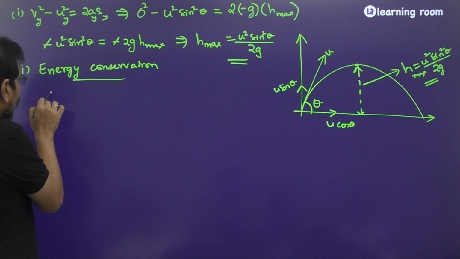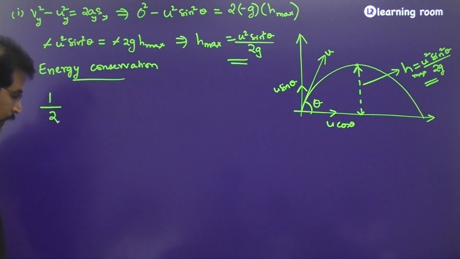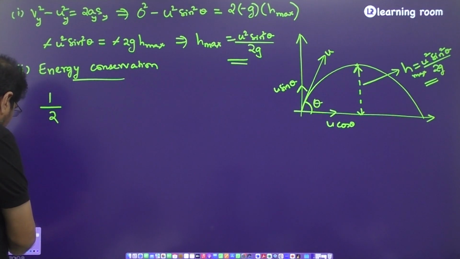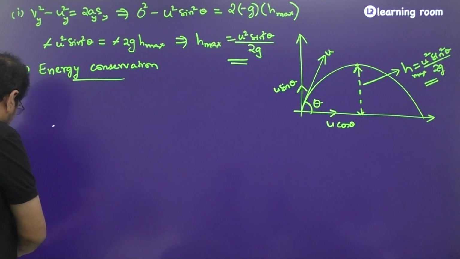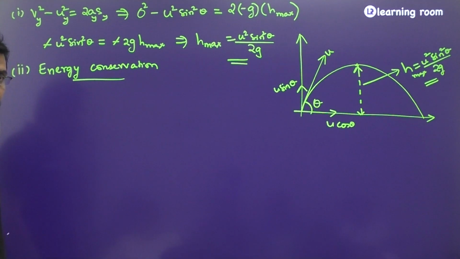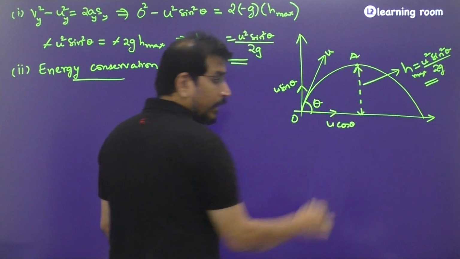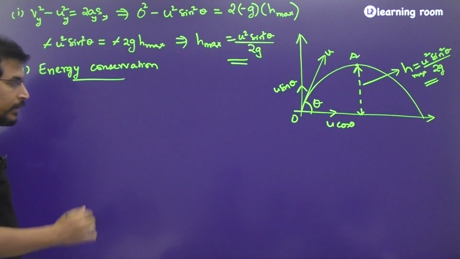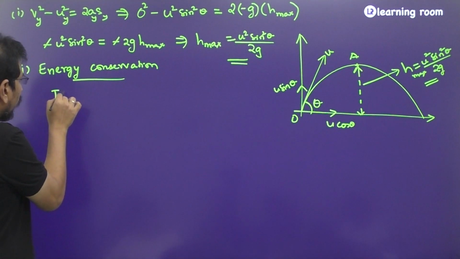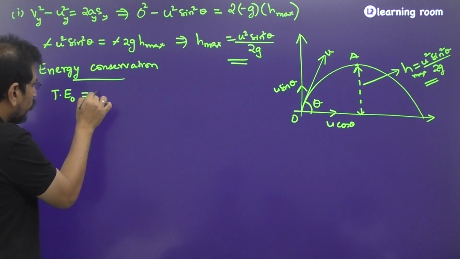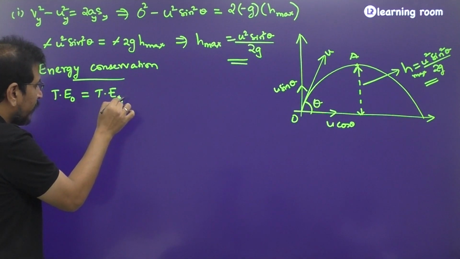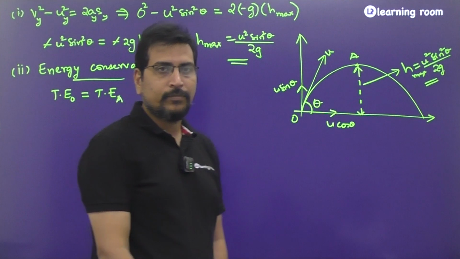Kinetic energy plus potential energy at every point should be a constant. If I take this point to be O and this point to be A, can I say that the total energy of the object at O should be equal to the total energy at point A?